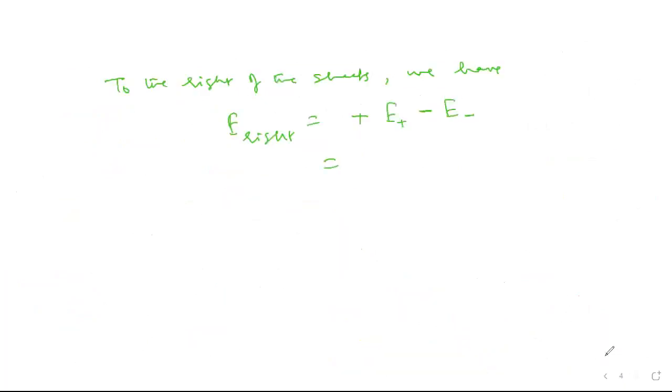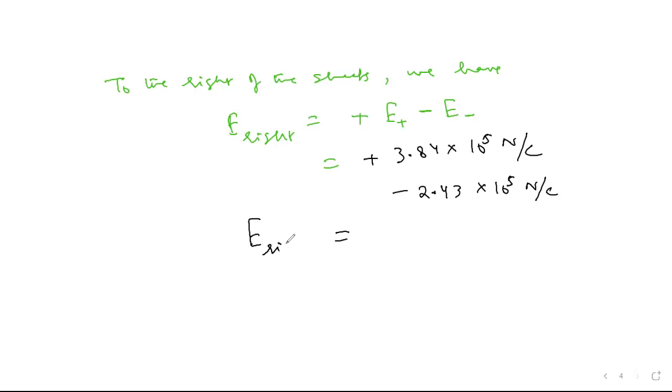Put the numbers: plus E plus is 3.84 into 10 raised to power 5 Newton per Coulomb, minus E minus is 2.43 into 10 raised to power 5 Newton per Coulomb. So the difference is the magnitude of E right, same as the magnitude of E left.